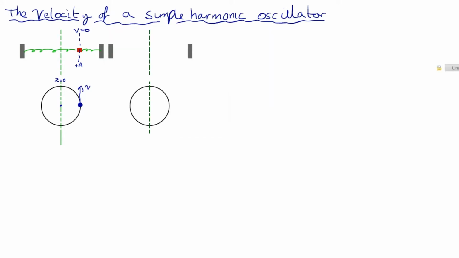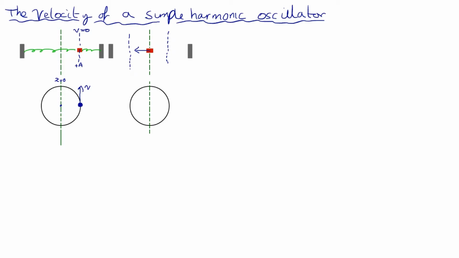That's kind of interesting, and we can keep going with that thought process by considering a moment later, when we might have the oscillator on its way zooming through the equilibrium. So there it is, and now we know it's moving to the left. I won't draw the springs this time, but we know that at this point it must be moving with its maximum speed because it's in the middle of its motion. If you imagine a mass on a spring, it's going to be moving at top speed when it's zooming through the equilibrium.